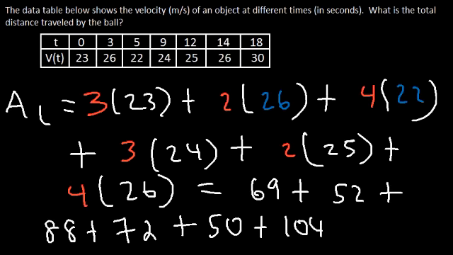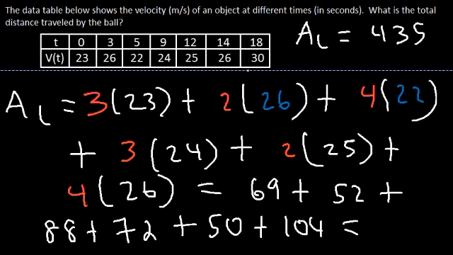So let's go ahead and add these numbers. So this is 435 using the left Riemann sum.